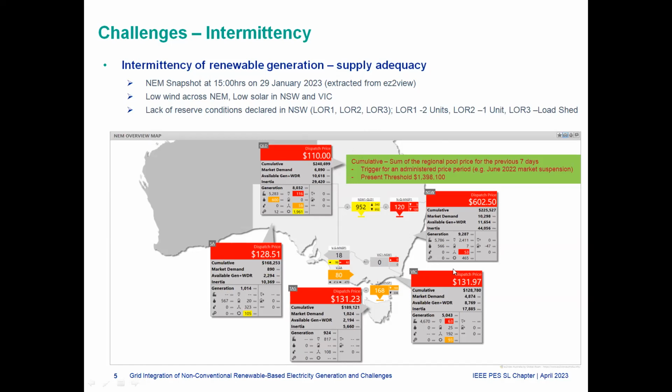Now in this plot, I'm not sure whether you can see them, but this diagram shows that, for example, if you look at New South Wales at that particular time, the price was $602 per megawatt hour. Then it shows the market demand of about 10.3 gigawatts, or 10,298 megawatts.